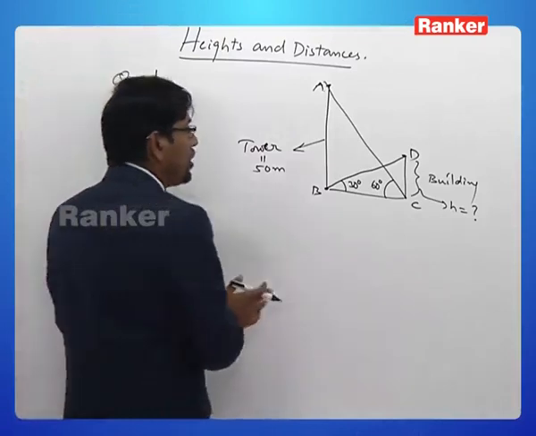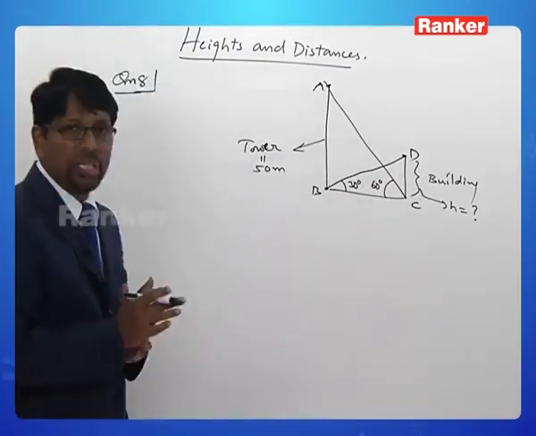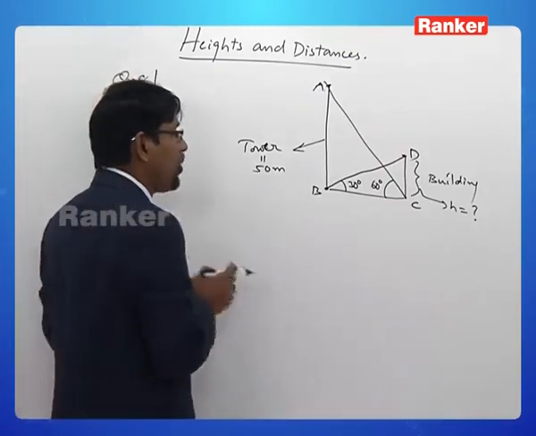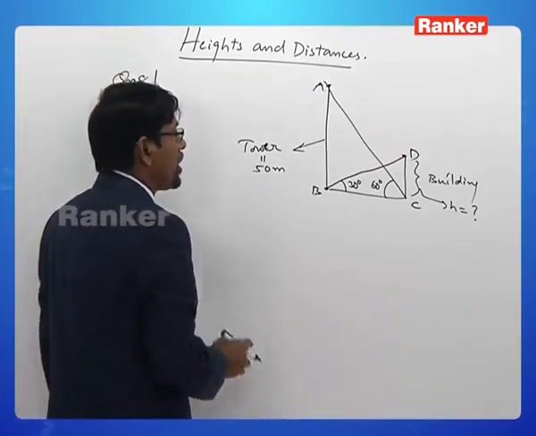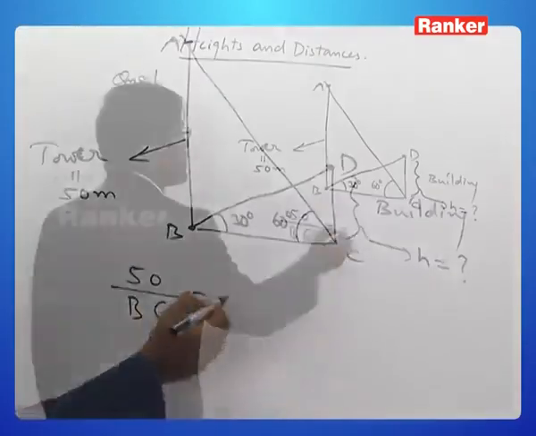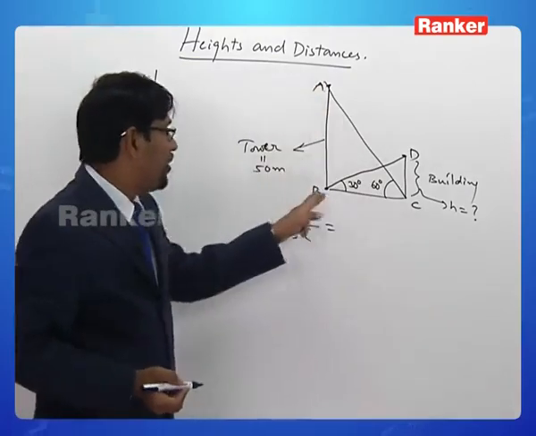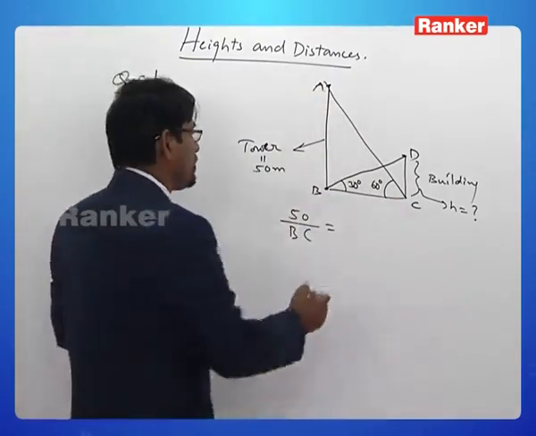So, what is common to both these triangles? BC is common. So, we will write BC in two ways here. What is that? 50 by BC. In this triangle ABC, 50 meters divided by BC will be tan 60.